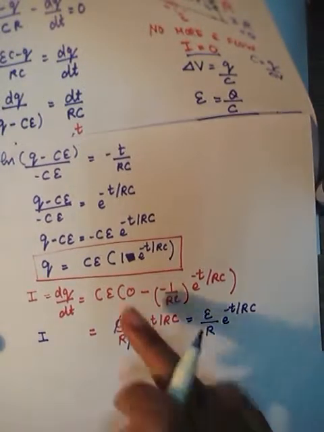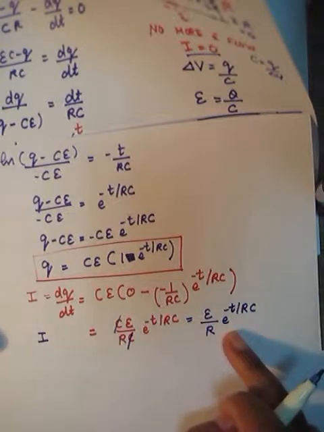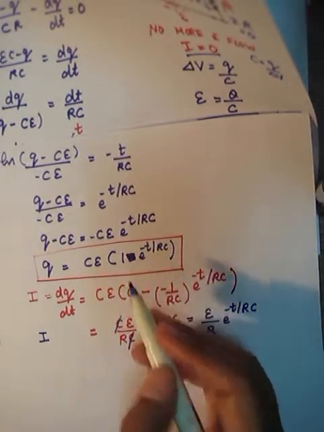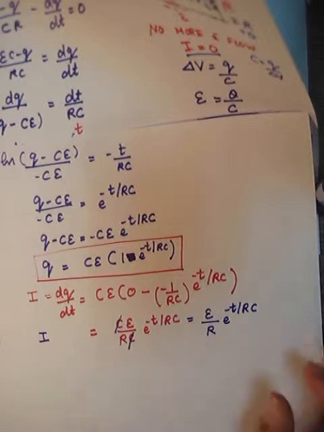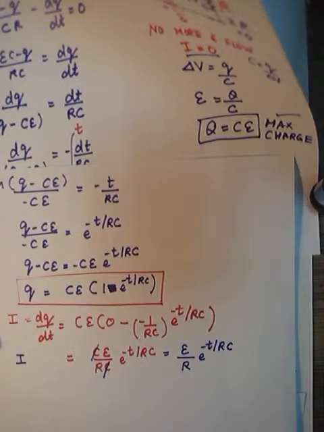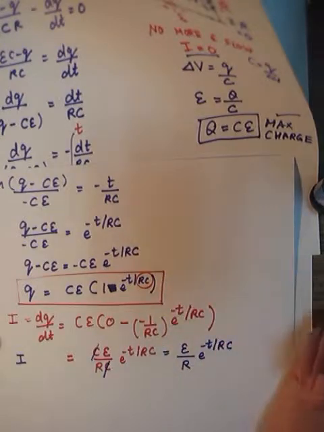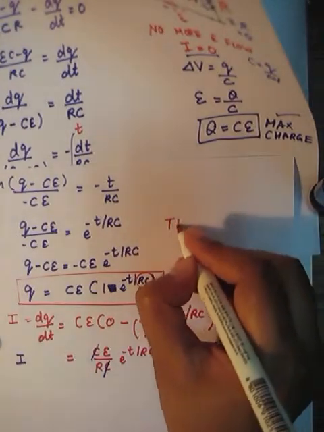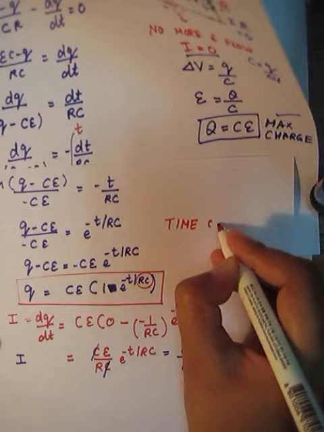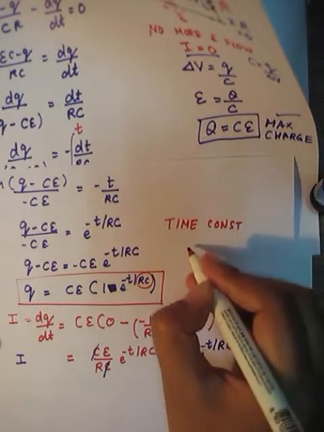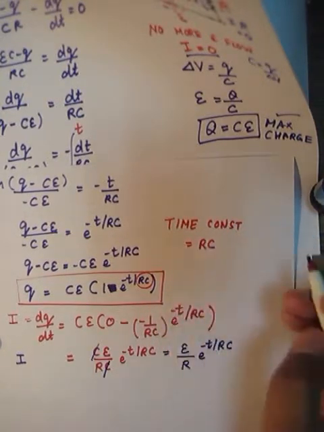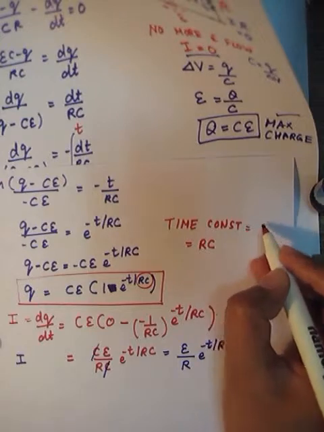Now if we have to plot charge and current, we just need to see what will happen at various values of t. And I would just like to mention that this constant RC is called the time constant of an RC circuit, and it is given by the symbol tau.